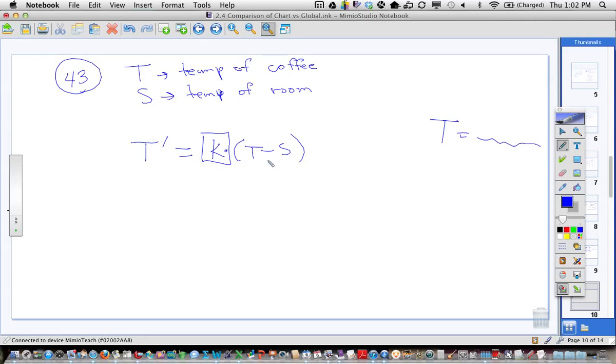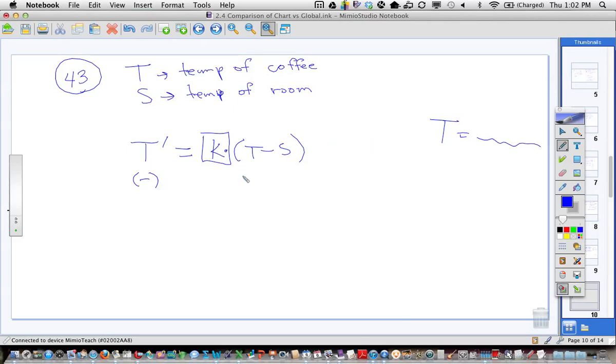The temperature of the coffee is going down. And that's what T is. So T is decreasing, which means T prime is, right? Think of the chart. If T is decreasing, T prime has to be negative, right? So the temperature of the coffee is going down, so T prime has to be negative.